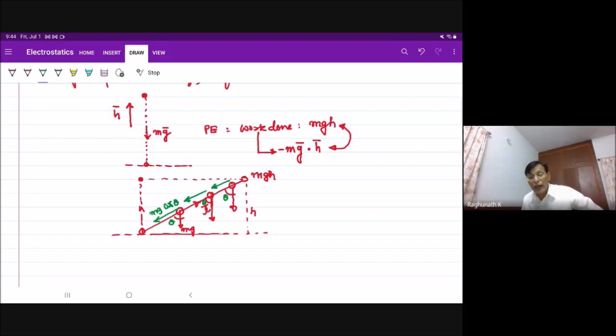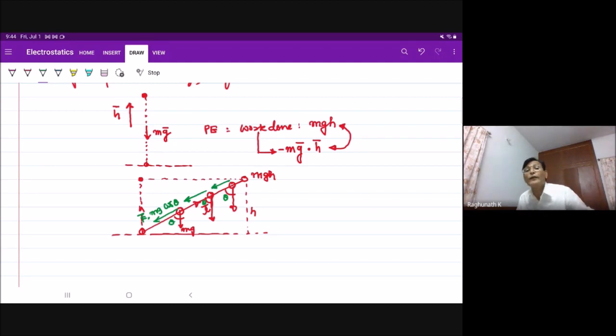Mg cos theta in this direction, L bar in the opposite direction again. Mg cos theta is the component of the force. This is actually F bar opposing it along that particular line. The opposing force is only F bar.